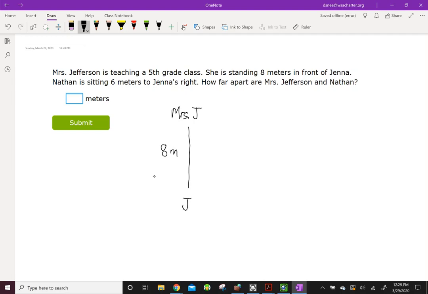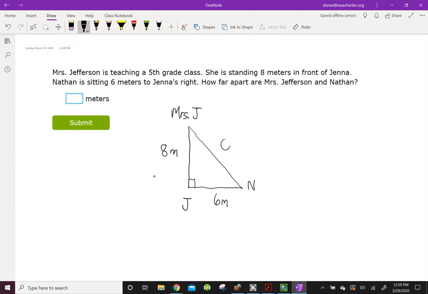So there's Jenna. Nathan is sitting 6 meters to Jenna's right. So over here is 6 meters, and this is Nathan. Okay, how far apart are Mrs. Jefferson and Nathan? So I want to know, what is this length right here? That's my right angle.